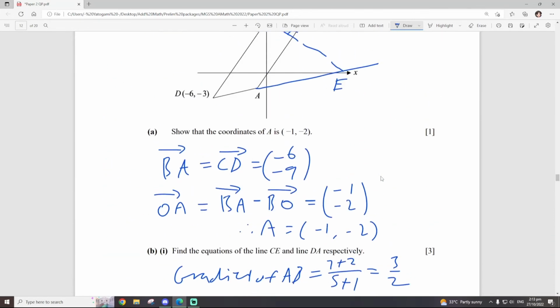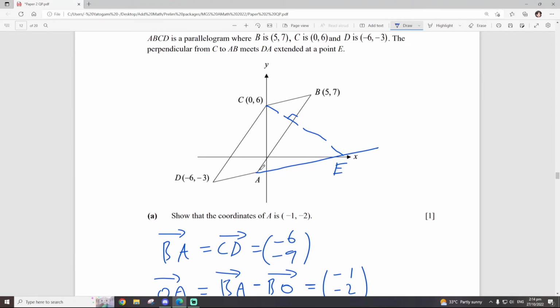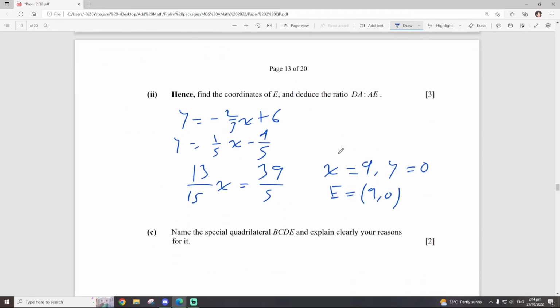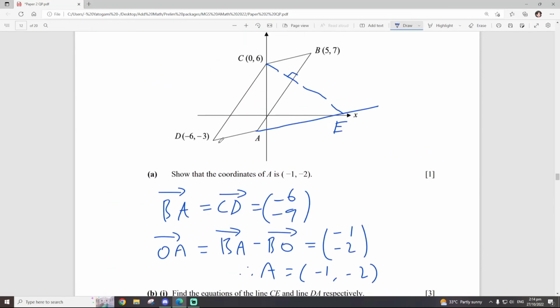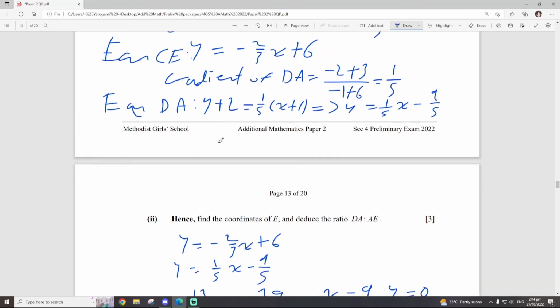And what is the ratio DA to AE? We write down the vectors DA and AE. DA equals (5, 1), right?